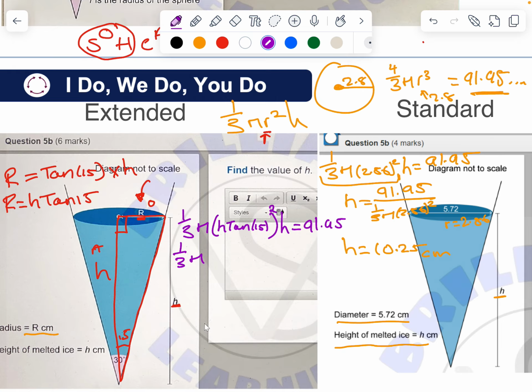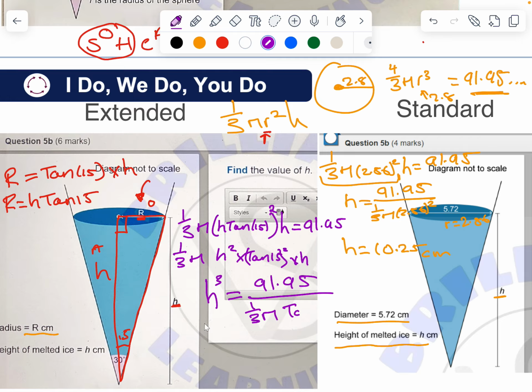I can write that as h squared times tan 15 squared, that first bracket, and then times h. So to simplify this a little bit, the h squared and the h come together. That makes h cubed.